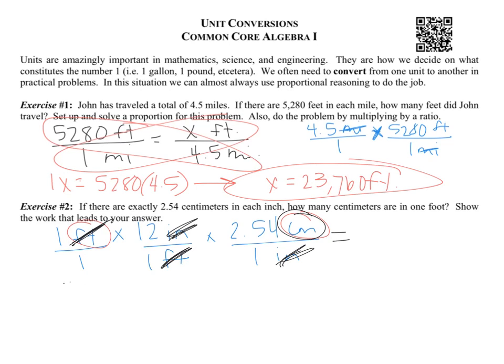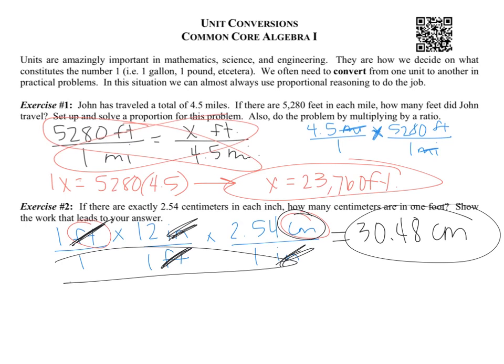Well, the only thing on the bottom is 1, so we're just going to multiply all the way across. 1 foot times 12 is 12. 12 times 2.54 is 30.48. And again, centimeters is the only unit that is left.